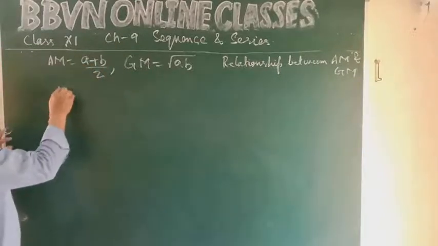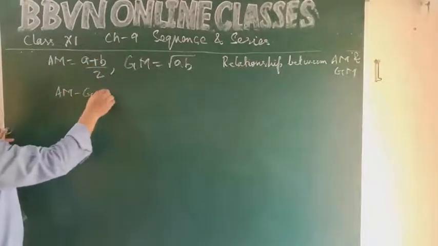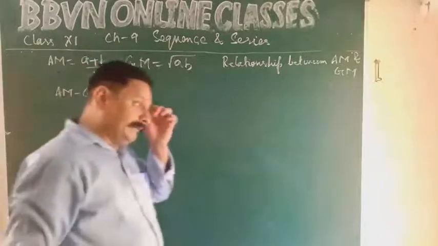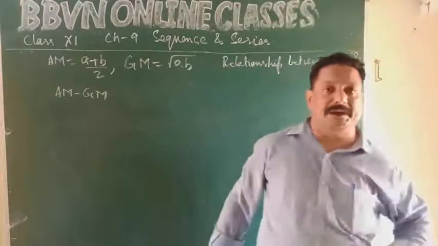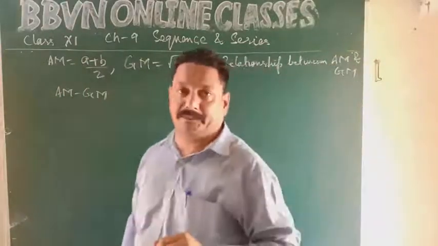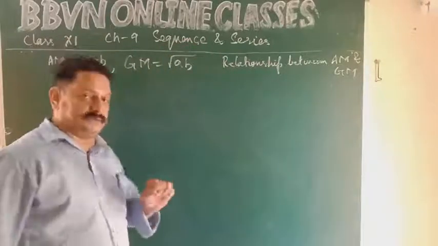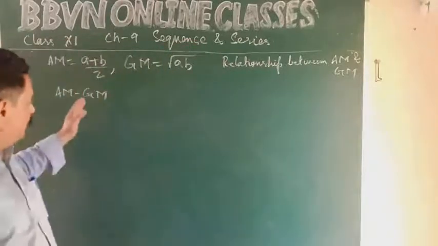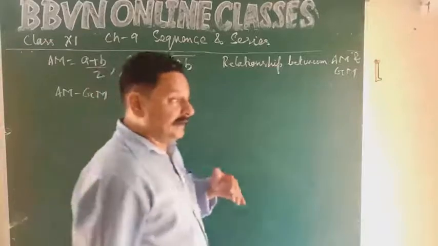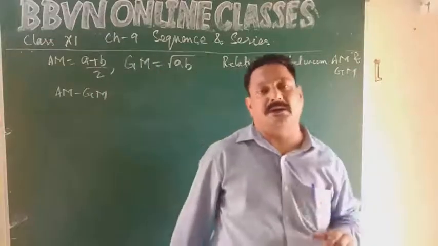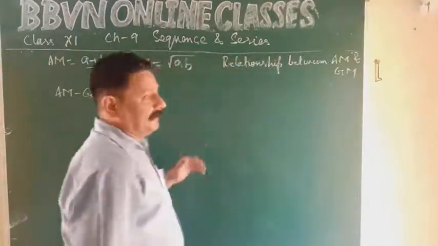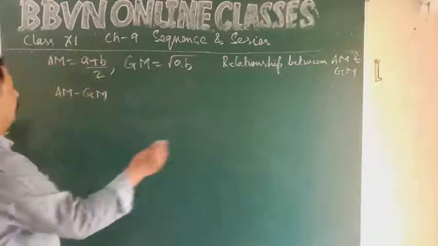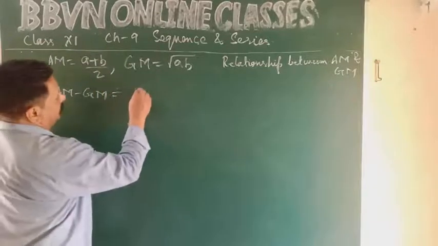I'll consider AM minus GM. So if geometric mean is greater in magnitude as compared to arithmetic mean, AM minus GM should be negative. And if geometric mean is lesser in magnitude as compared to the arithmetic mean, then AM minus GM should be positive. Let's see what it turns out to be.